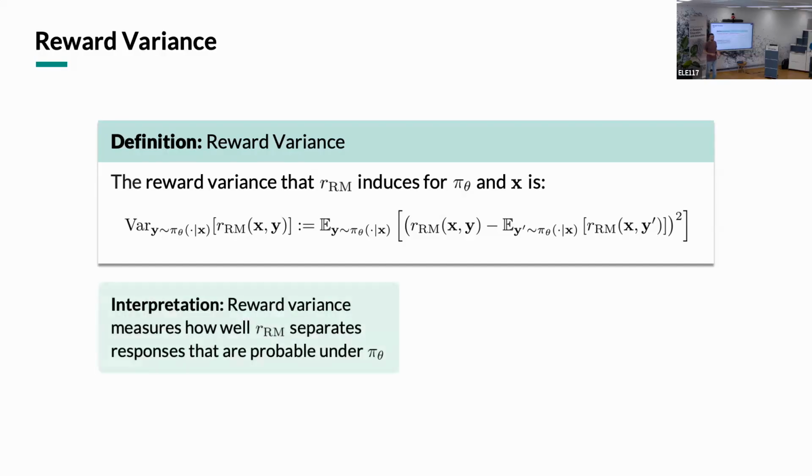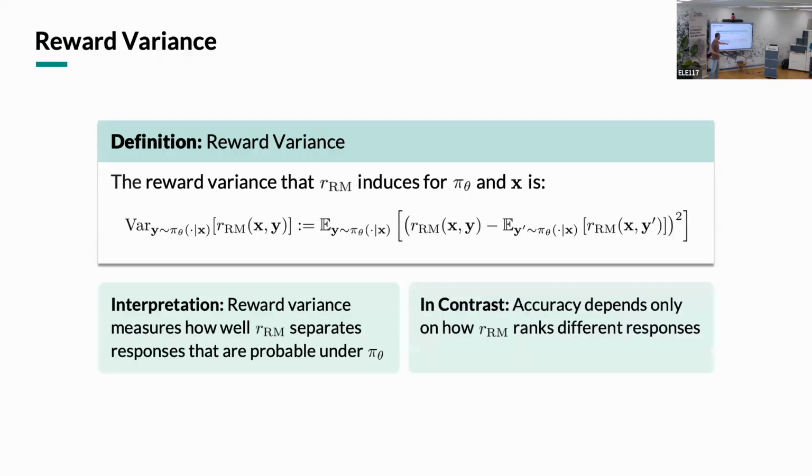From the perspective of the reward model, which is what we're going to take, intuitively what this measures is how well the reward model separates the rewards that it gives to responses that are probable under our current policy. If it gives roughly the same reward to all responses that our policy produces, then the variance will be low. But if it does separate them well enough, then it will not.